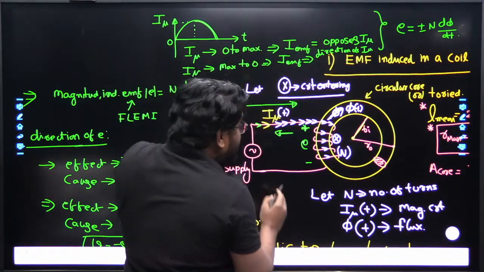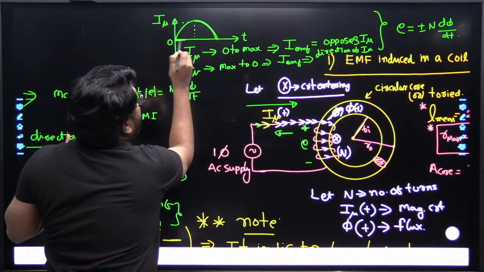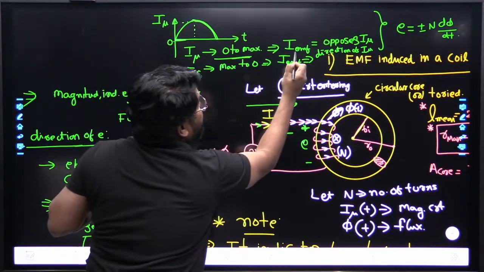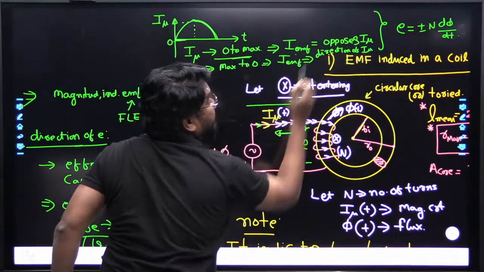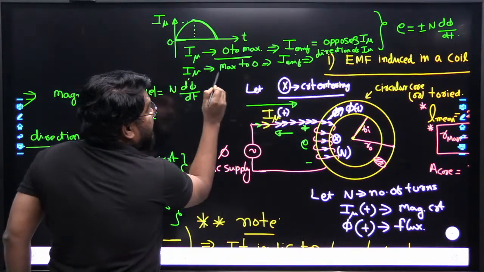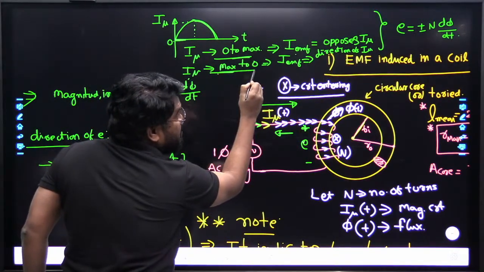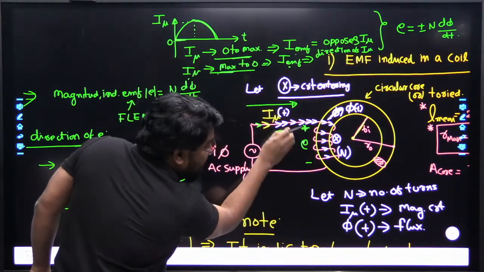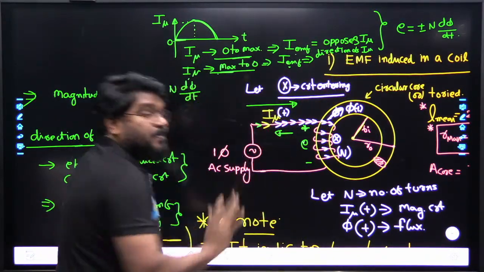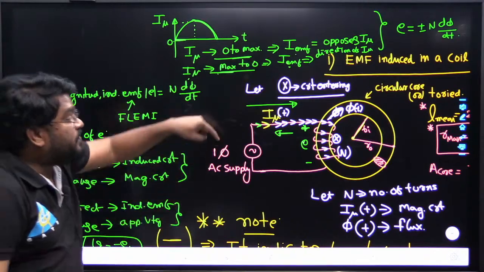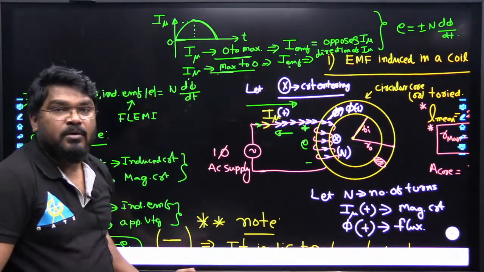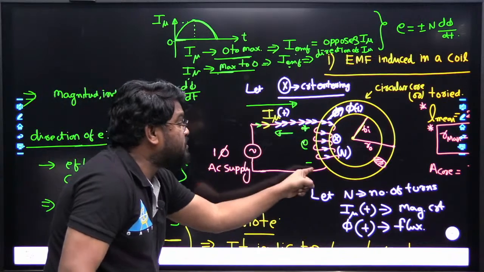So it depends upon the position. When going from 0 to the maximum, the induced current opposes the magnetizing current. When the magnetizing current changes from maximum to 0, the induced current is in the direction of the magnetizing current. So the polarities you can take as minus or plus, but in general we have calculated from the initial point, from 0 to the maximum value. That's why we have taken positive and negative here.